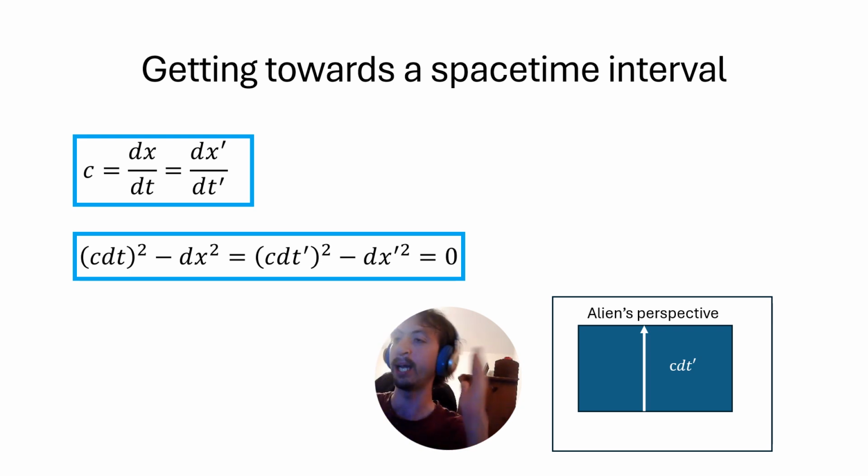Then he safely jumps off this fast-moving train, runs to a platform, and happily watches the alien go by on the moving train.